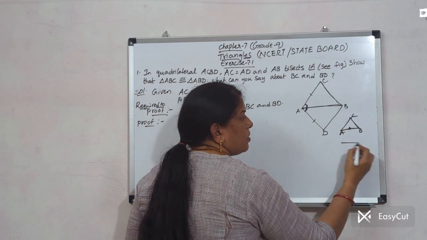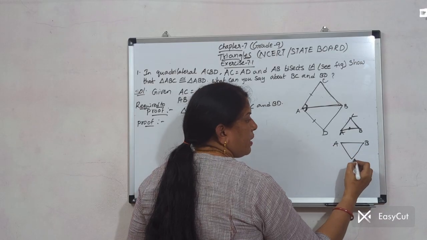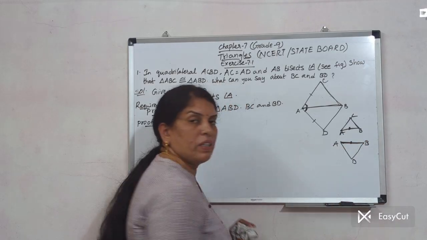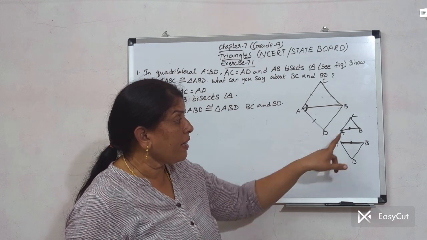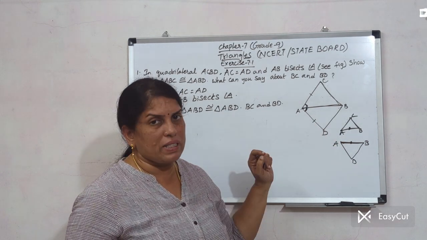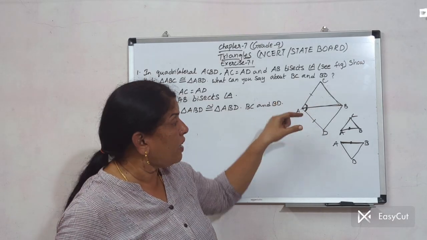This triangle ABD, AB is there. Both are having AB. So what did you observe? AB and AB are common. In the two triangles, AB is a common side.